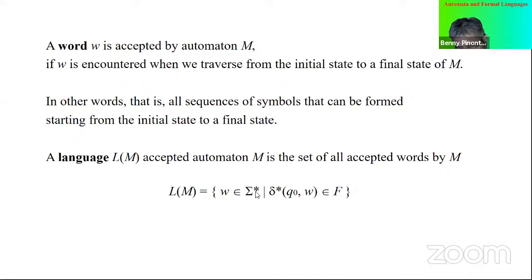So the last one I showed you is the star, representing repetition 0 or more. So basically this is any combination of 0 and 1, because in our example the sigma is 0 and 1, where the delta star of Q0 and W reaches one of the finals.